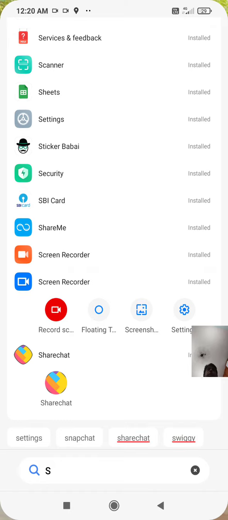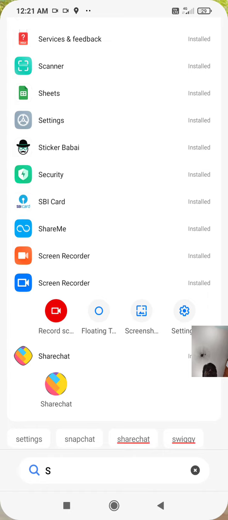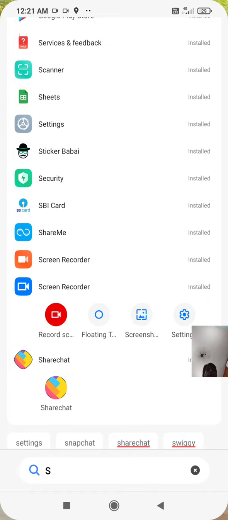Suppose a button is sewn onto a garment and it is not properly stitched, for example, then the cause of the defect should be found out. What is the cause of the defect? The sewing machine is not working properly. And what is the problem in the sewing machine? The needle is not working properly.